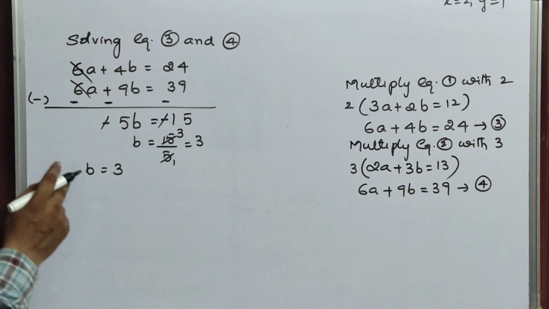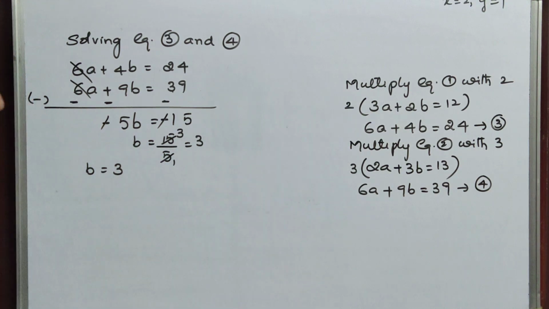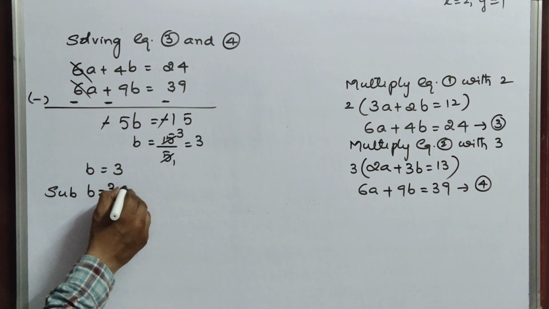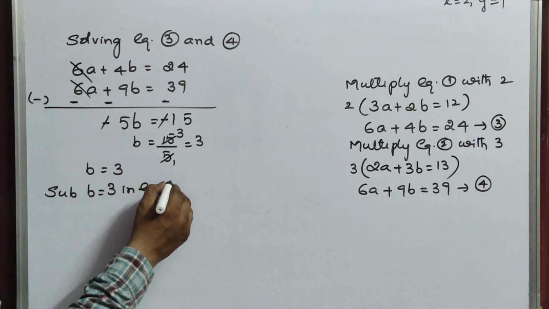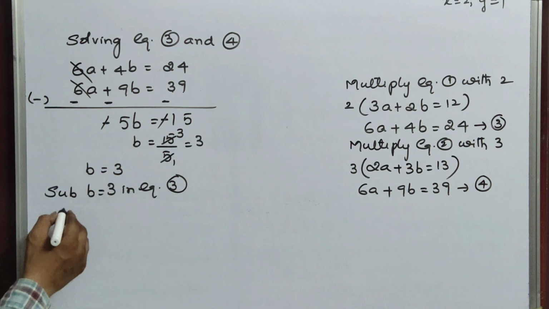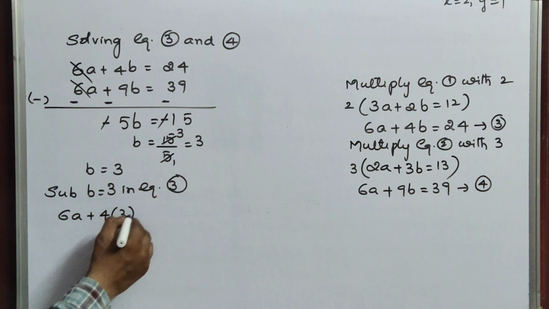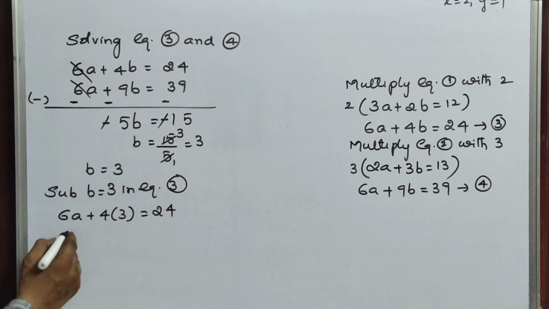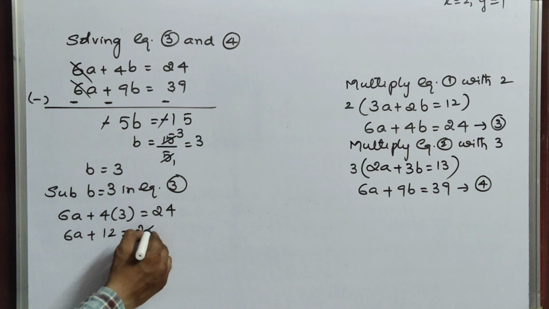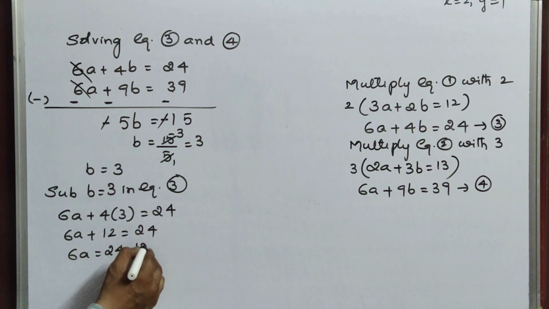Now substitute b value in any one of these two equations, either 3 or 4. So substitute b equals 3 in equation 3. 6a plus 4 into 3 equals 24. 6a plus 4 3s are 12 equals 24. 6a equals 24 minus 12.